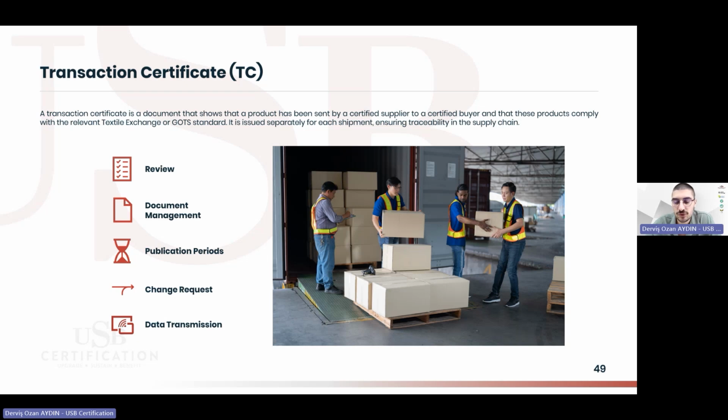And about change requests, if different information is received by organizations or any other parties, transaction certificates can be revised within 14 days. And also about data transmission, the transaction certificate data are shared with the Textile Exchange database and the record system also.